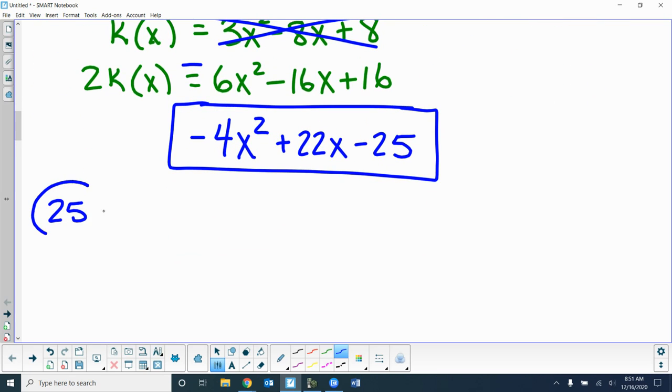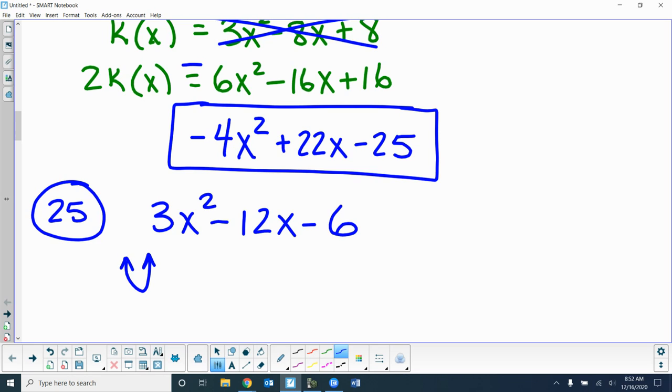You're given another quadratic function. Does it open up or down? Up, right? Axis of symmetry. What's the little formula? Yeah, x equals negative b over 2a.